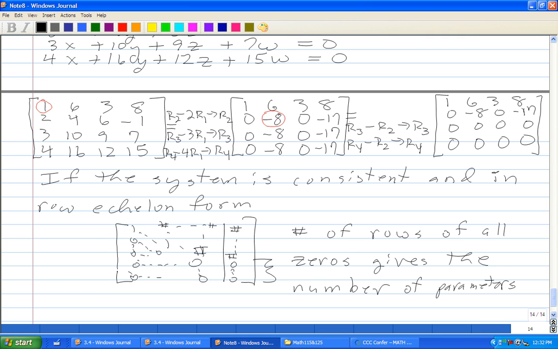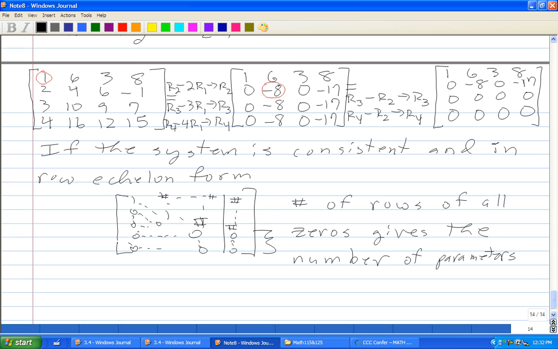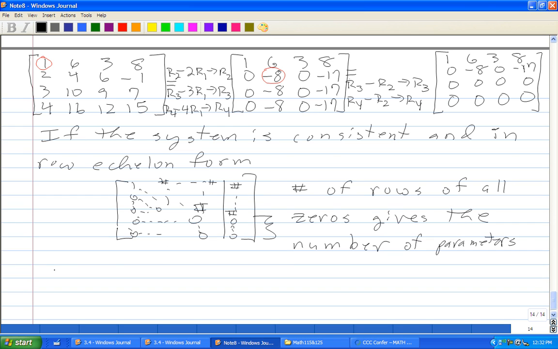Okay, so in this case, I notice that I have 2 rows of zeros. Therefore, that means 2 parameters. So this will be a 2-parameter family solution. And so let's do this.